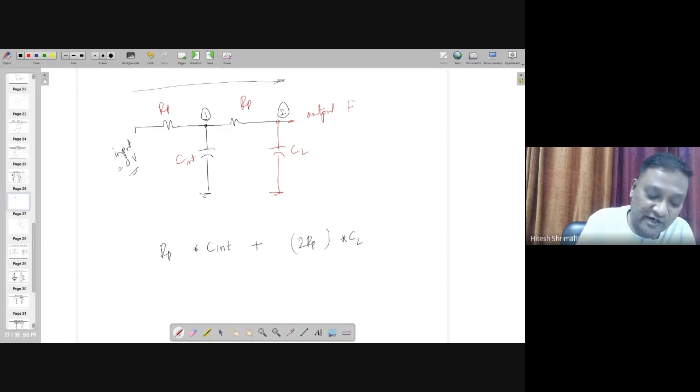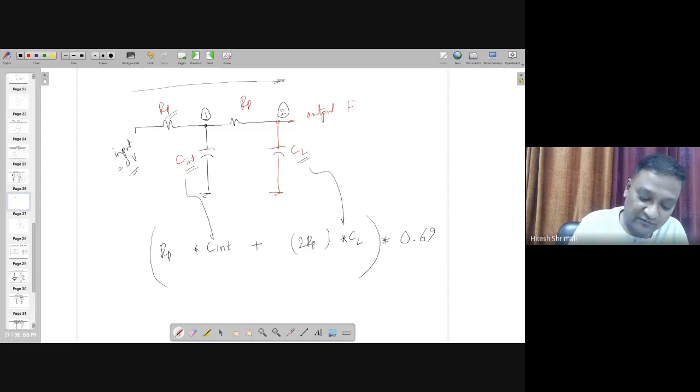In the first case, RP is the subset of that, and in the second case 2RP, both the resistances are on the path. But as you are interested in finding it at 50%, this is going to be 0.69, and the rest of the capacitance values you can feed over here the way we fed it, right? So this is called Elmore delay, through which you can find out. In this case, this is becoming TPHL because it takes this node to the low side.